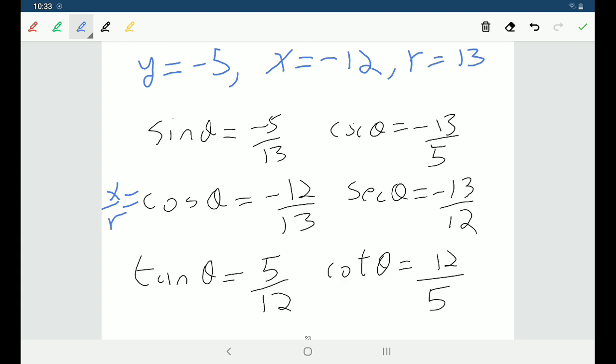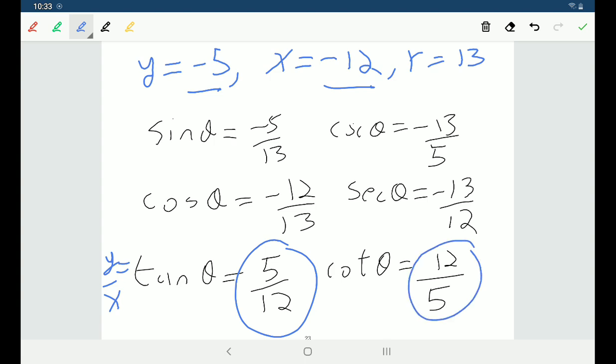So cosine is negative 12 over 13, secant is negative 13 over 12. And then same thing for the last, tangent is y over x. In this case, y over x, negative 5 over negative 12, becomes positive 5 over 12. And cotangent is the reciprocal of that, which is 12 over 5.